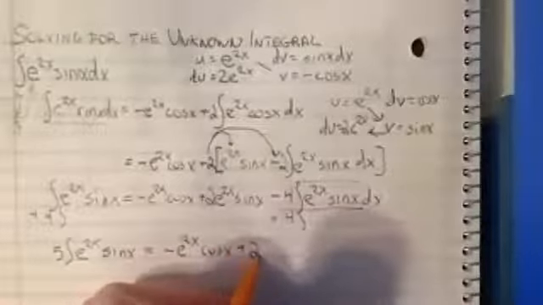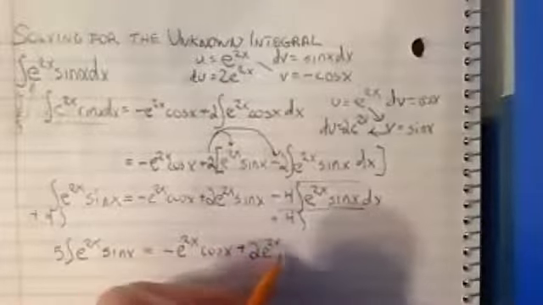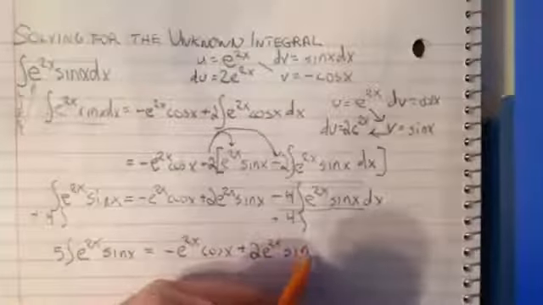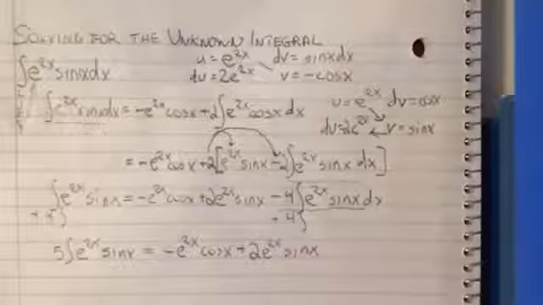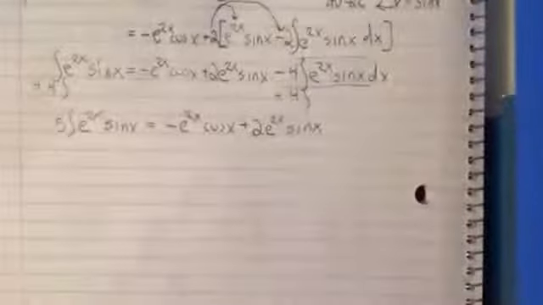times the integral of e to the 2x sine x equals negative e to the 2x cosine x plus 2e to the 2x sine x. Now, you just divide the 5 off, and you have the original integral solved for.